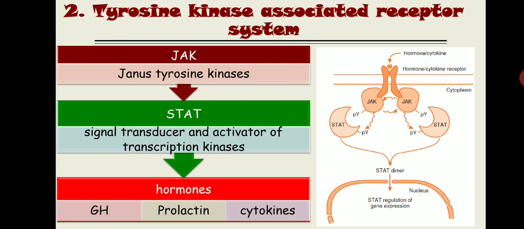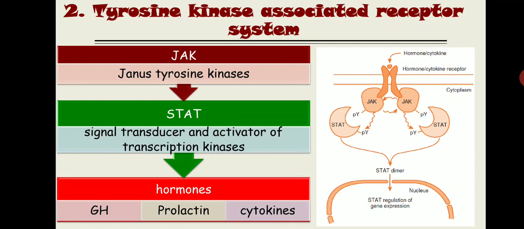First we learned the group 1 hormones that are lipid soluble, that enter inside the cell, and the receptors are present in the cytoplasm or the nucleus. Second one is group 2 hormones. In group 2 hormones, we learned the ion channel receptor, then single pass receptor.